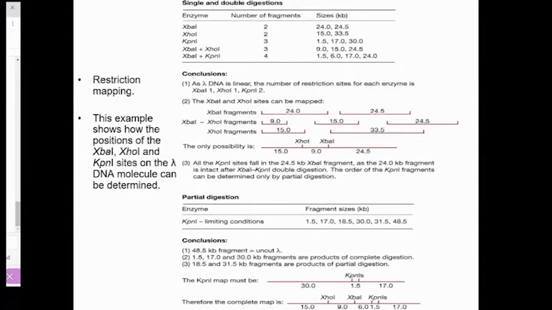And then XHO1, also 2 fragments, 15 and 33.5. And then for the double digestion, XBA1, XHO1.